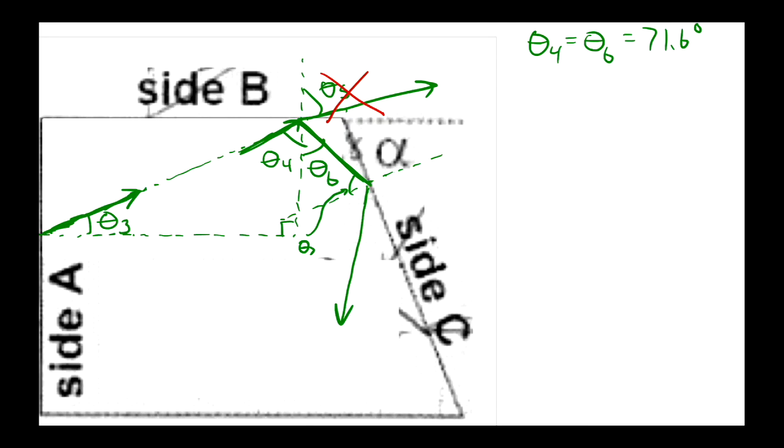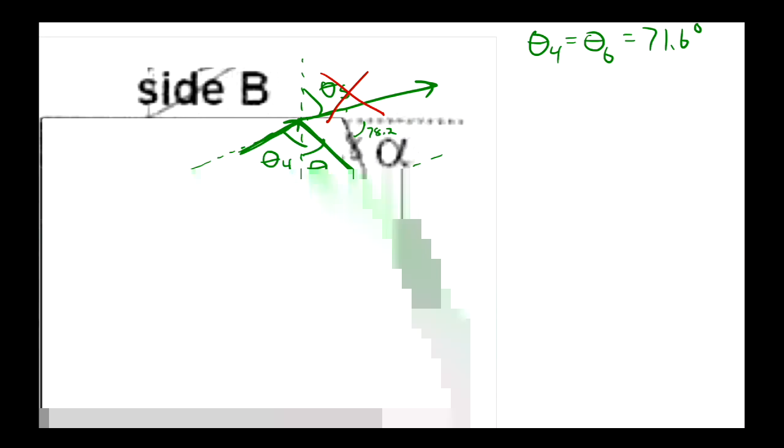Notice that big alpha up there. They gave us another angle. That's this. And I forget what they said that was. 78.2. Now can you get there?